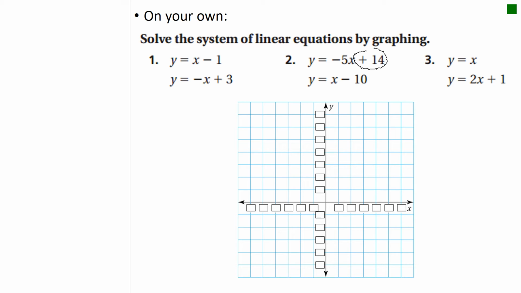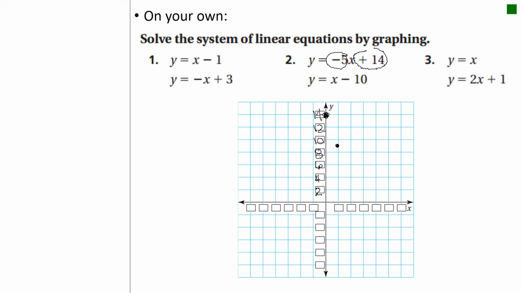Mine's 14, so I'm going to go by 2's on my graph. 2, 4, 6, 8, 10, 12, 14. Okay, and the slope is negative 5. So I'm going to go down 5 over 1: down 2, down 4, down 5, and over 1.